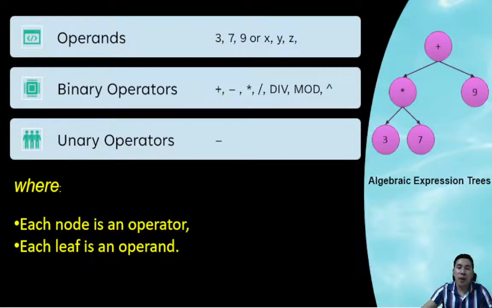The unary operators are the sign of a number. Each node is an operator and each leaf is an operand.